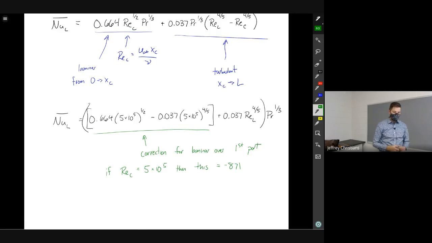So it's a constant, it's negative 871. So it's a correction to the Nusselt number. The Nusselt number would be 871 bigger if it were turbulent everywhere.